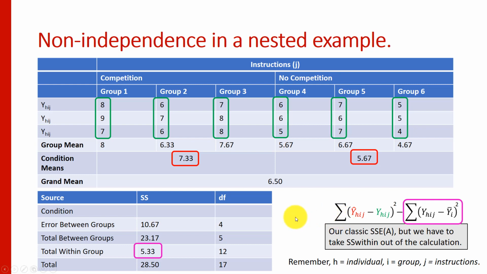Now, our calculations are going to get a little bit trickier here, but this is why it's important to actually calculate these different sums of squared errors and partition out our variance.